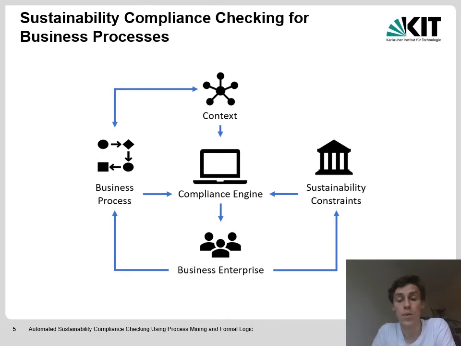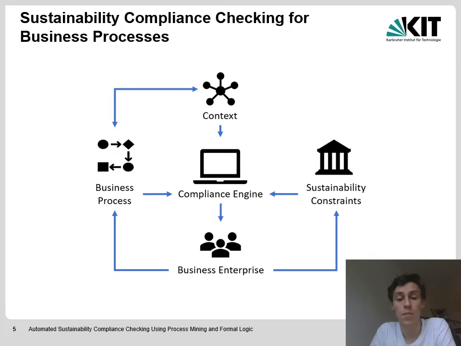So here I want to show you the main idea of my research. I will focus on the development of a compliance engine. This compliance engine can be embedded in an information system within a company, and it takes different information sources into account.